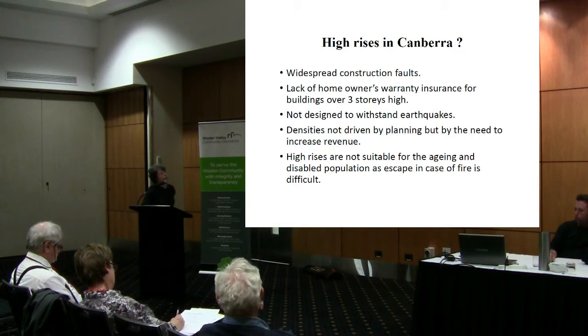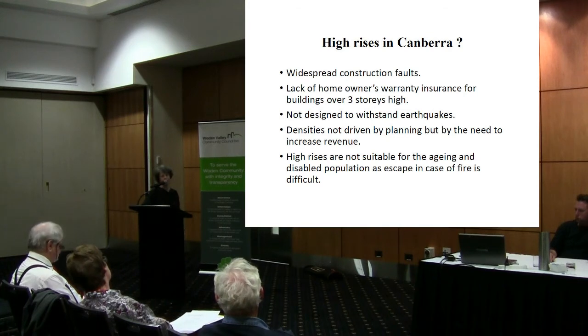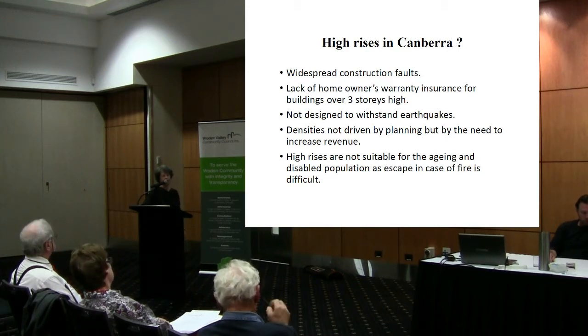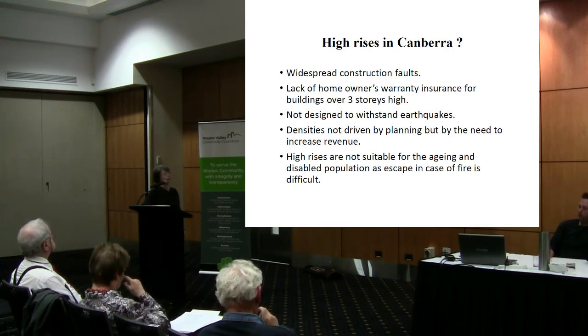Any building that's over 3 stories high does not have the mandated owner's warranty insurance that applies to 1, 2, or 3 stories high. So the owner is actually not protected in case of faults and unscrupulous builders.